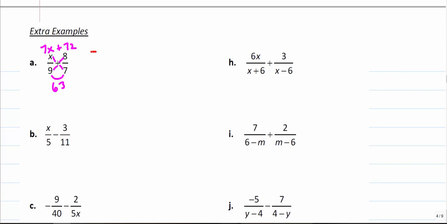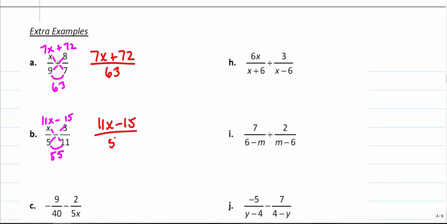And that would be it, because 7 and 72 have nothing in common. Here's another easy one to cross and smile. That would be 11x minus 15 all over 55.